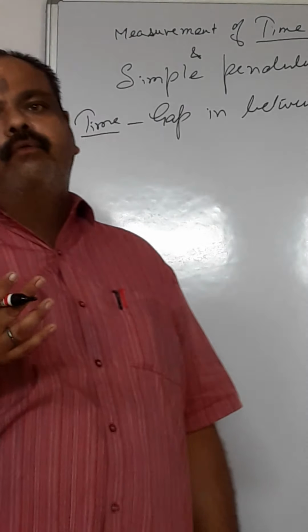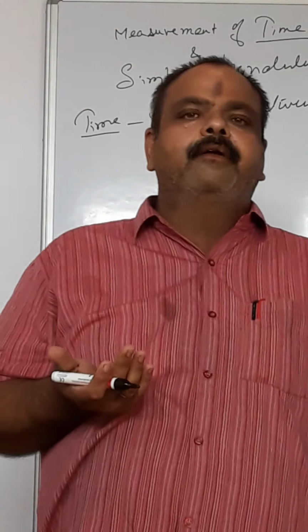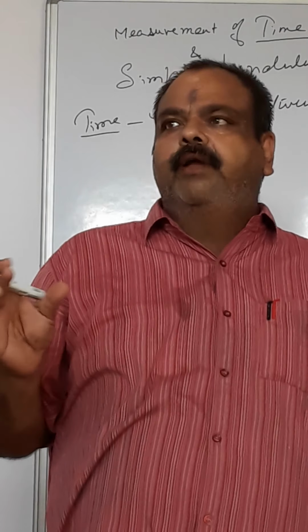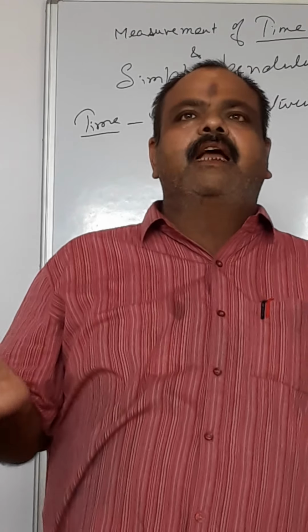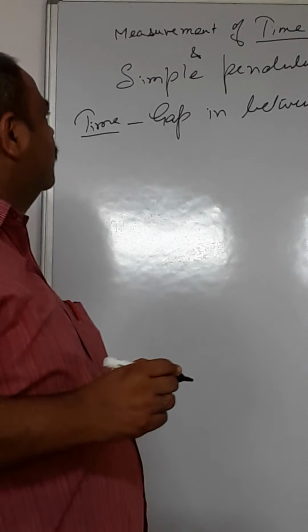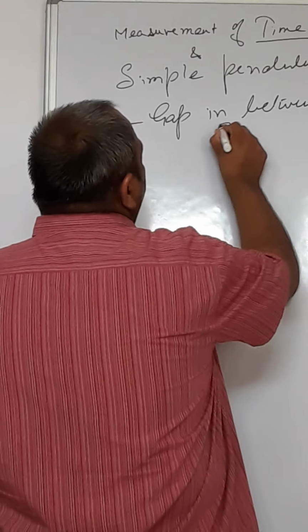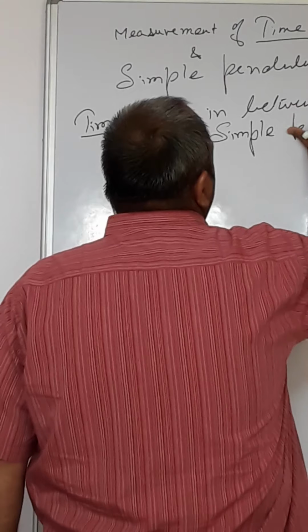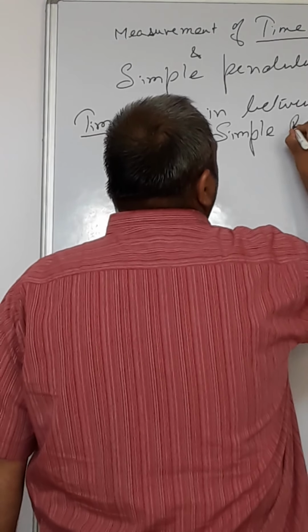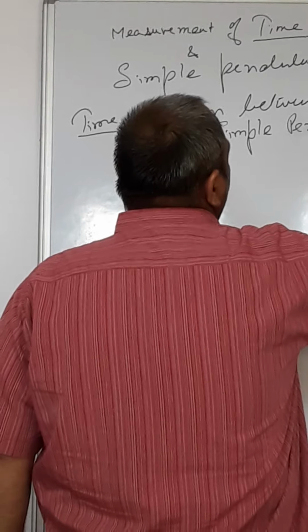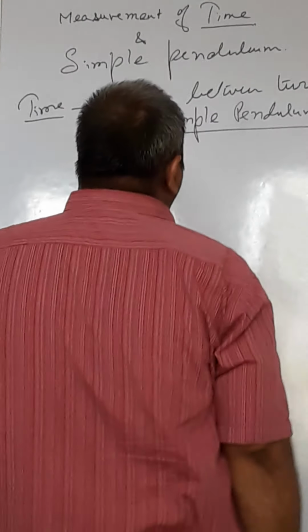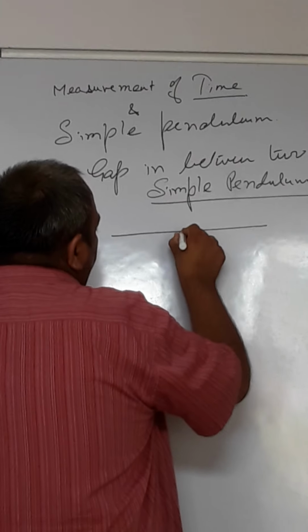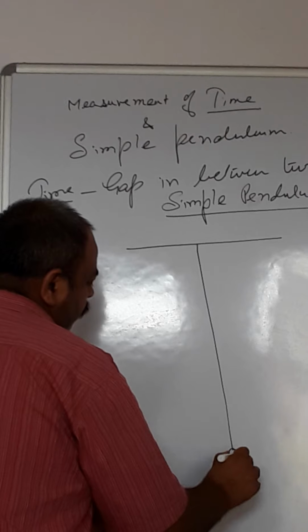How to calculate time period by a simple pendulum? What is period? Fixed interval, frequency, amplitude. This we use by simple pendulum. Simple pendulum: at a fixed rigid support, we have tied one thread and a bob.